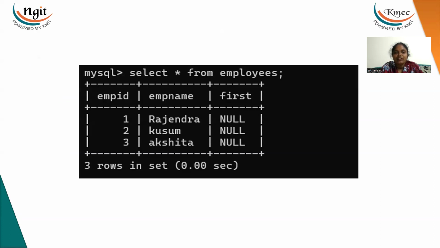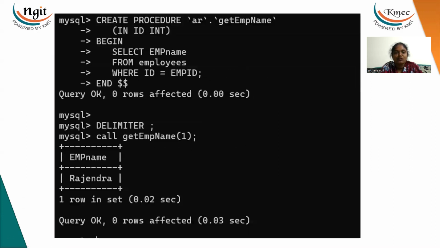Now here I have created a table called employees, wherein I have three attributes: employee ID, employee name, and the first name. I have inserted a few records here. Now let me create a stored procedure. The first thing is the keywords create procedure.